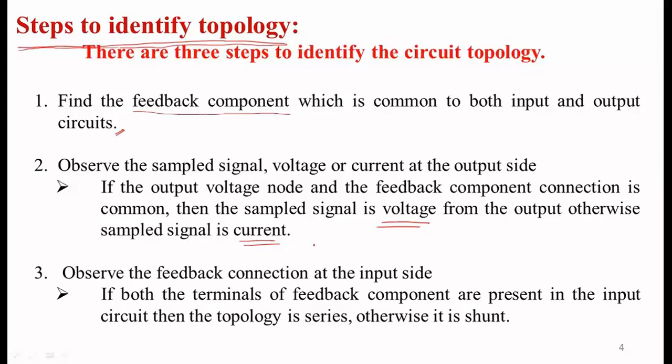We observe the input circuit, and if both the terminals of the feedback connections are present in the input circuit, then the topology is series, otherwise it is a shunt topology. So these are the 3 important steps to identify the topology.